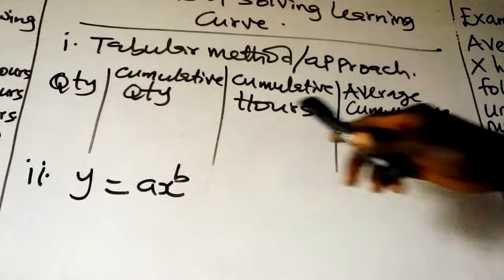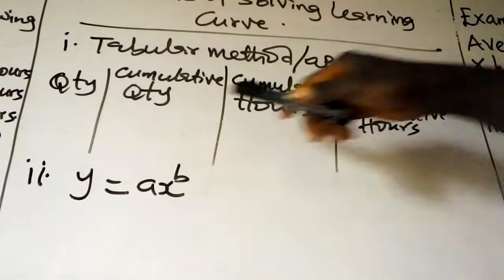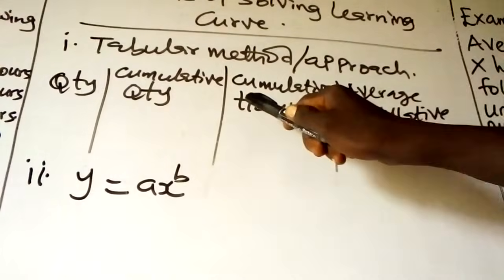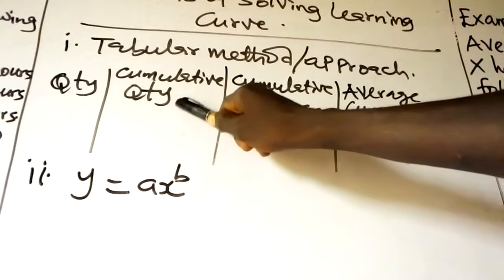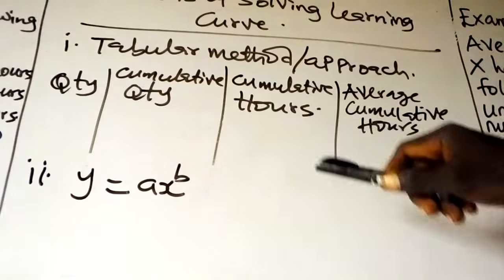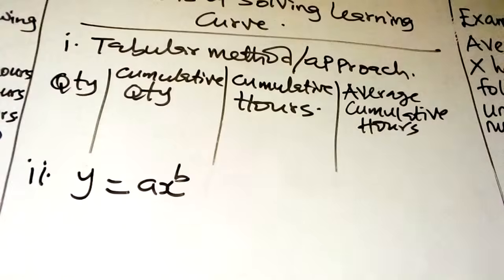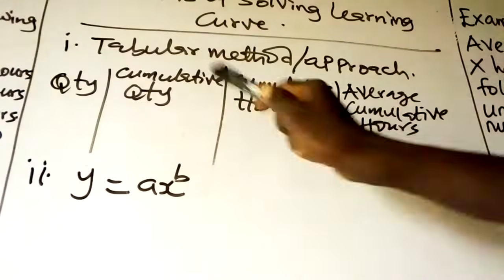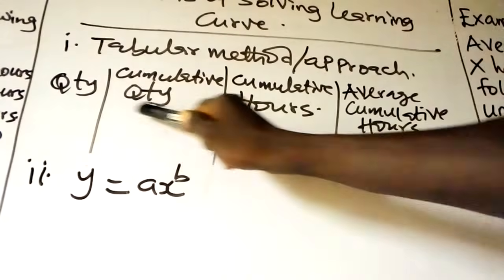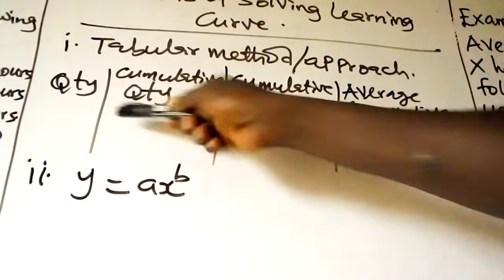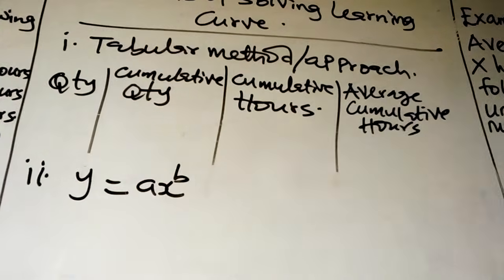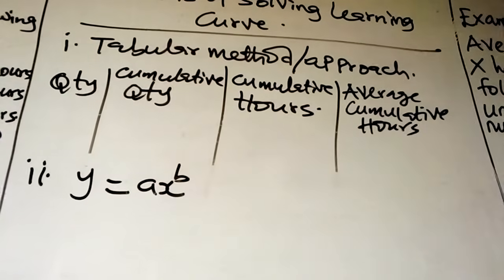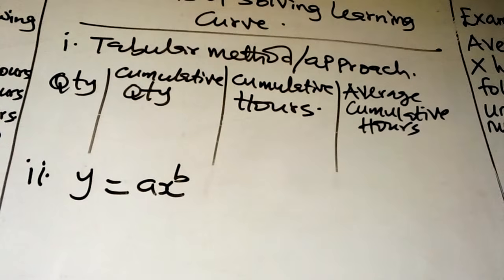It cannot be used to solve problems where the cumulative output or cumulative quantity cannot be obtained through continuous doubling. Where the output required cannot be obtained through continuous doubling, you cannot use the tabular approach. That means only the algebraic method can be used.